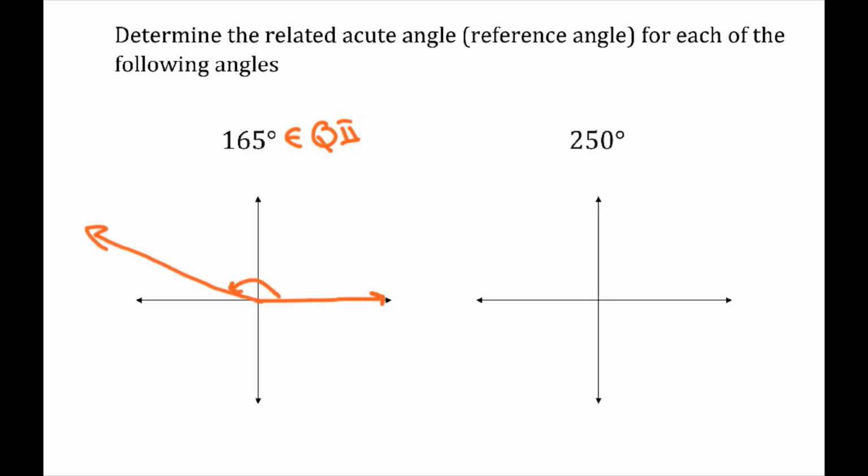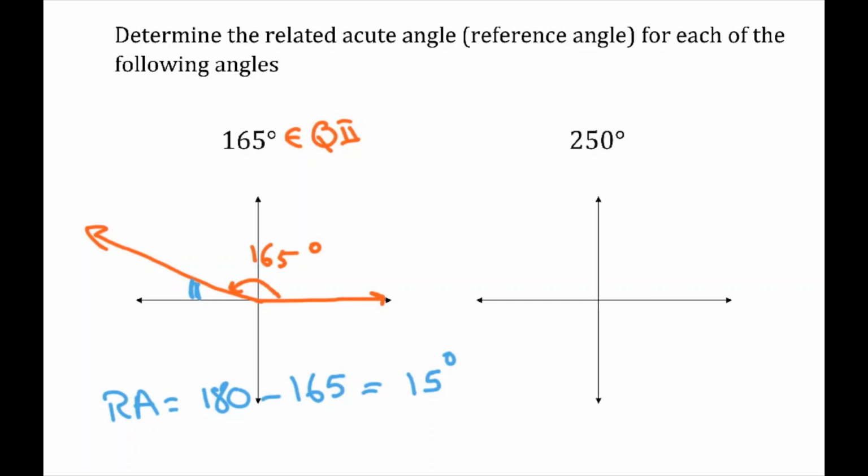That's going to be 165 degrees. Where's my reference angle? It's whatever is left from the 180. So the reference angle will equal 180 minus 165, and that's going to be equal to 15 degrees.